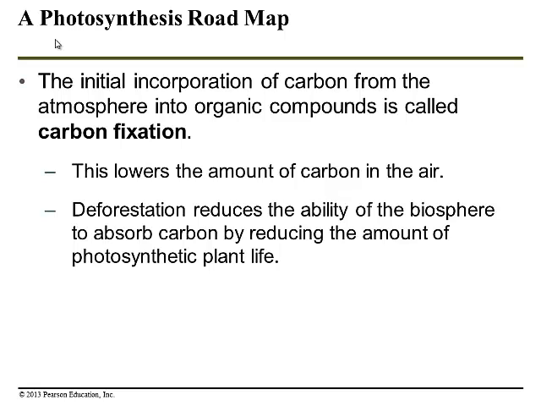Correct, electron transport chain. So this is a similar type of reaction. So the initial incorporation of carbon, the using of carbon in this reaction from atmosphere, organic compounds, is called carbon fixation. This is sort of the beginning parts of this reaction.